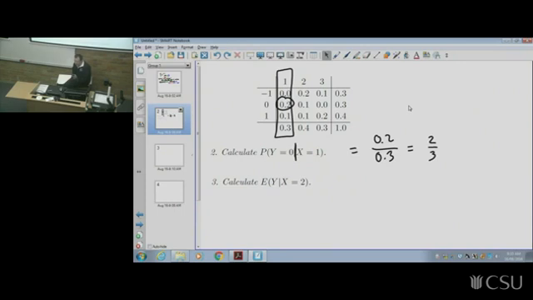Now expected value is really just a synonym for average. So what's the average value we get for y if we know that x equals 2? So the basic way of working out any expected value is to sum over all the possible values we want to consider.